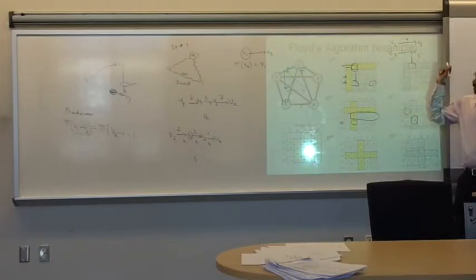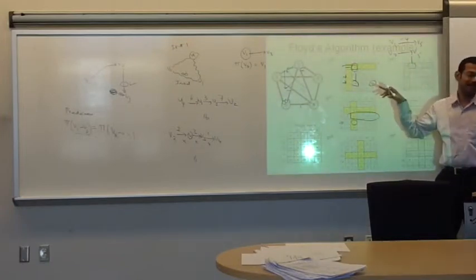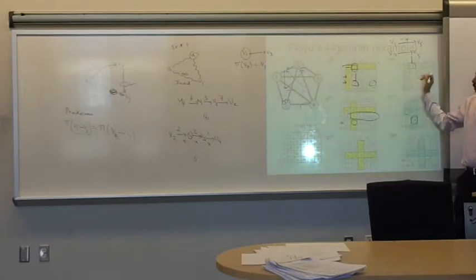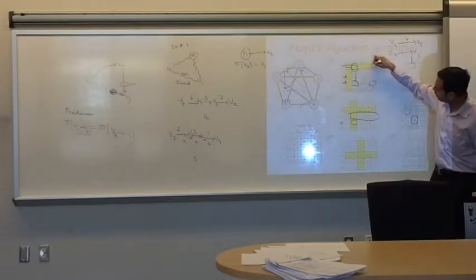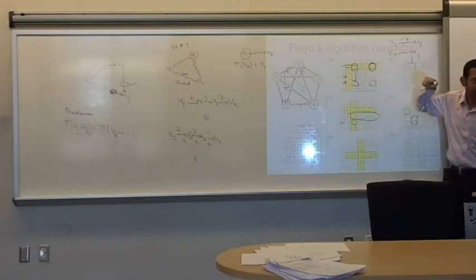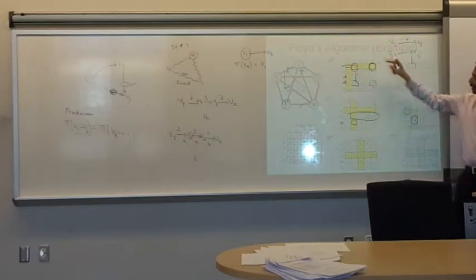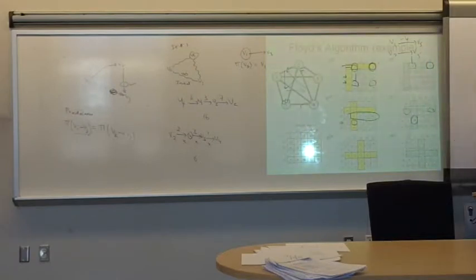Because -4 plus 2 is negative 2. So what should be the predecessor here? V1, because this row is changed based on this. So the corresponding entry is V1.